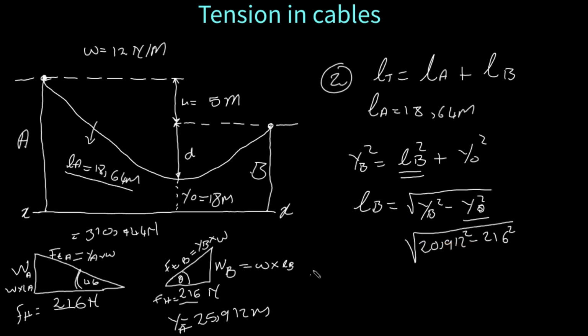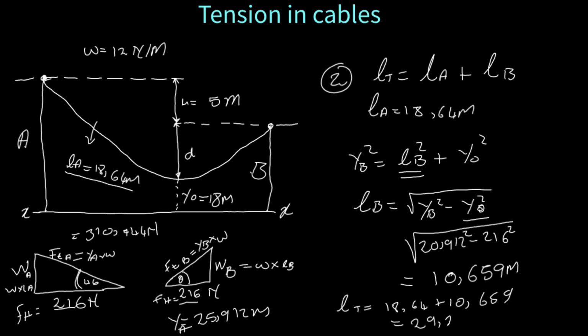And the answer that you are going to get here is 10.659 meters. And then we come back to this. Our total length of the cable will be 18.64 plus 10.659, giving us 29.299 meters. That is question number 2.